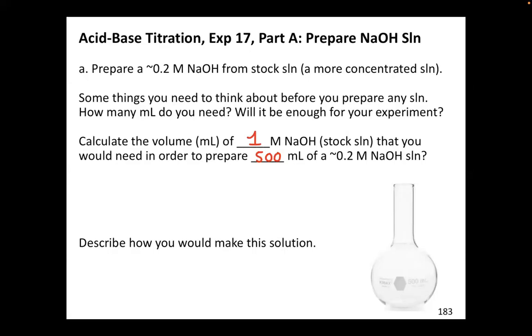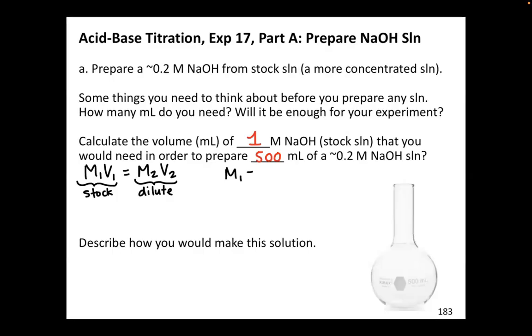We're going to use the dilution formula, M1V1 equals M2V2. The first set of information is going to be the stock solution, the more concentrated solution. The second set of information is going to be for the dilute solution. Let's get some information.